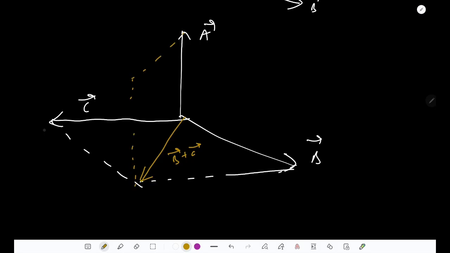I hope it looks good, and this vector will be simply A plus B plus C.